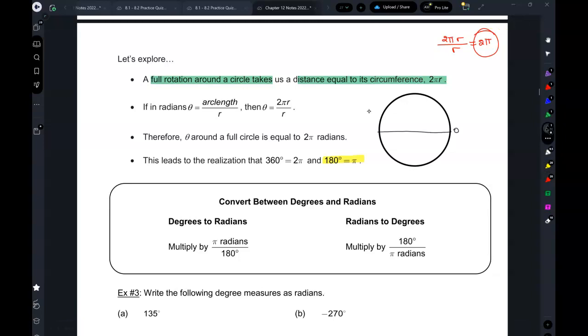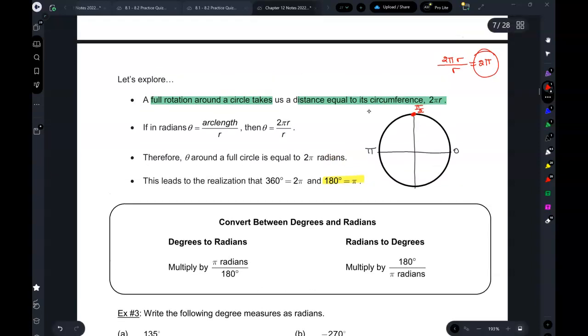So this is 0 radians. By the time I make it fully around the half of the circle, it's pi radians, correct? It's pi. And then when I'm up at the top here, that's half the distance from 0 to pi, so that's half a pi. That's pi over 2.